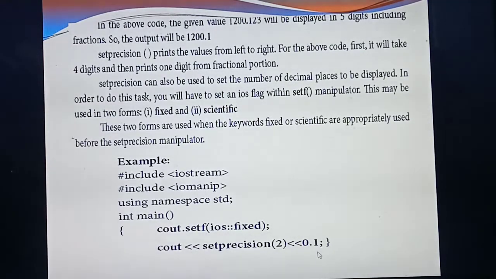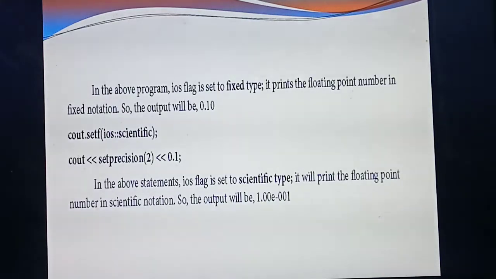So if the number of digits is not satisfied, it will add zeros. So here set precision of 2, 2 digits need to be displayed, but after the decimal point only 1 digit is there, so it will add zeros and display the output as 0.10. That is in fixed form or fixed notation. Understood? See the output.